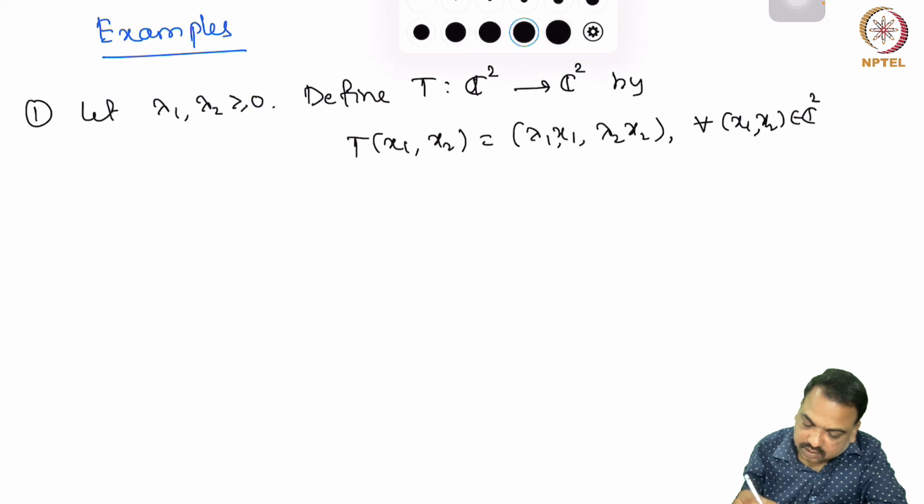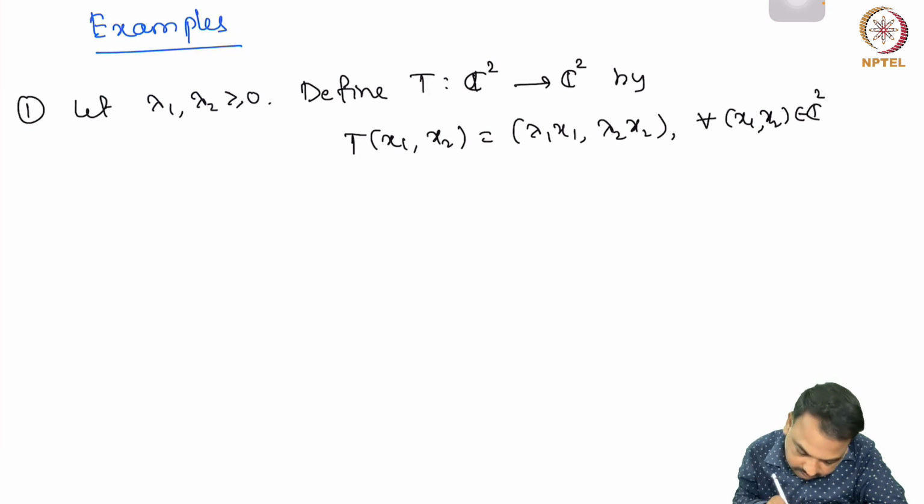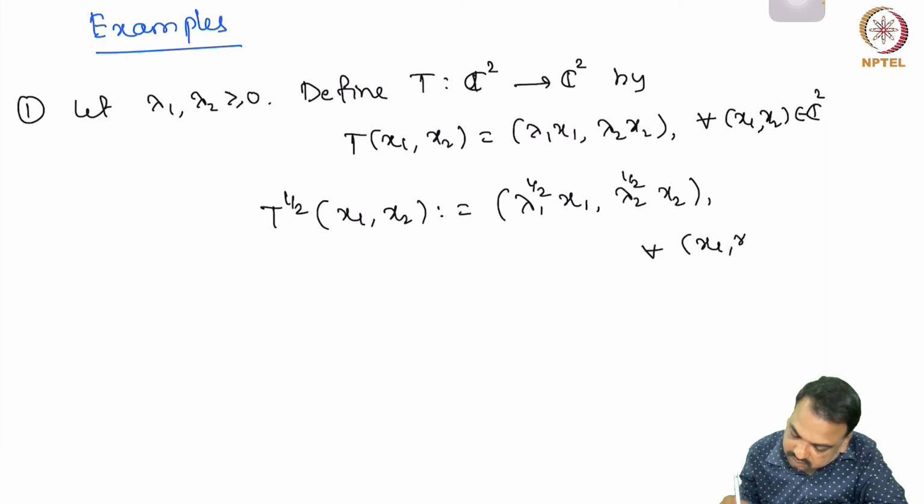So we know that it is clearly a positive operator. Then we can easily guess that the square root of T of (x1, x2) is (square root of lambda 1 x1, square root of lambda 2 x2) for every (x1, x2) in C2.